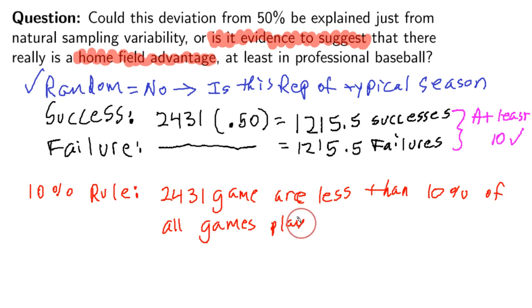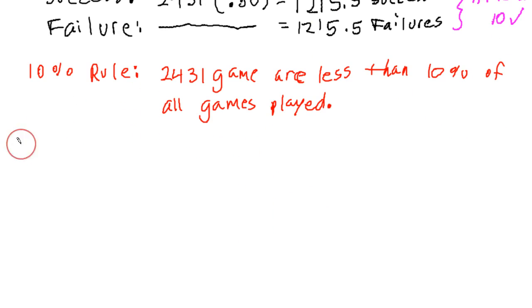And that would make sense. I mean, baseball has been going on since the 1950s at the youngest. It probably even goes further back to the 1930s or 20s. So it's safe to say that this one result of games is definitely going to be less than 10% of all games played. So we can say we've met all the requirements.